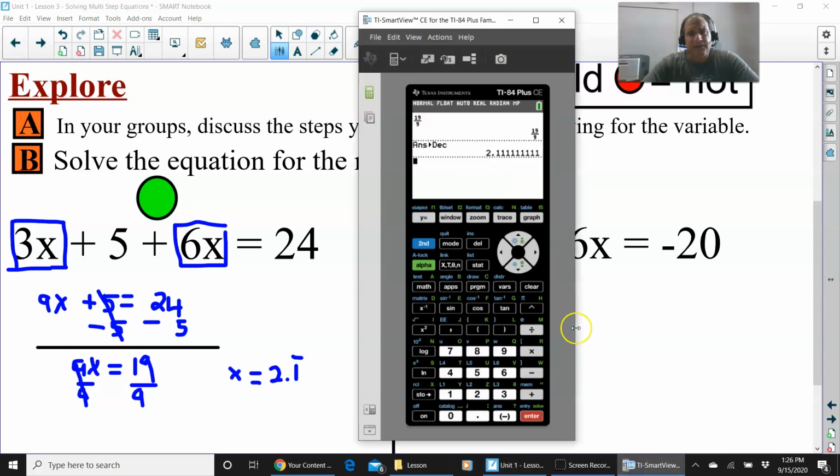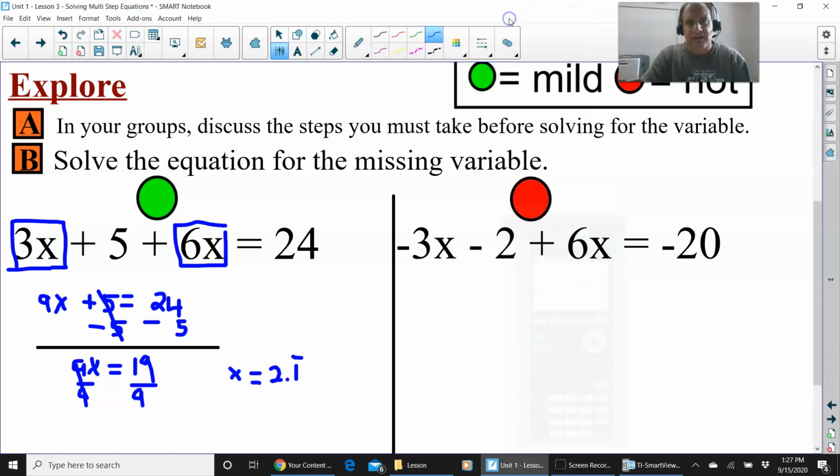By the way, if you put this the old-fashioned way, 19 divided by 9, and you press enter, you'll get 2.11111. So whatever way you want to do it, I just wanted to show you that little shortcut on the calculator. Right? Hopefully you did the right-hand side already, but if you didn't, press pause, give it a try now.